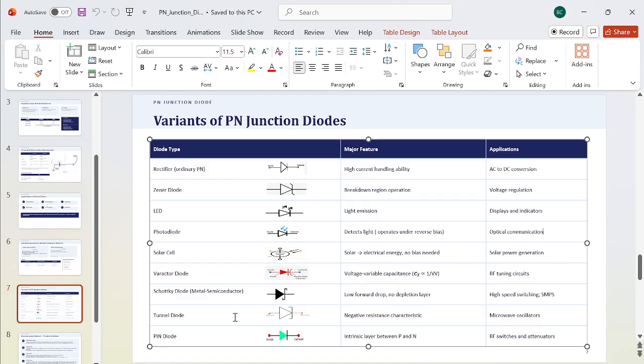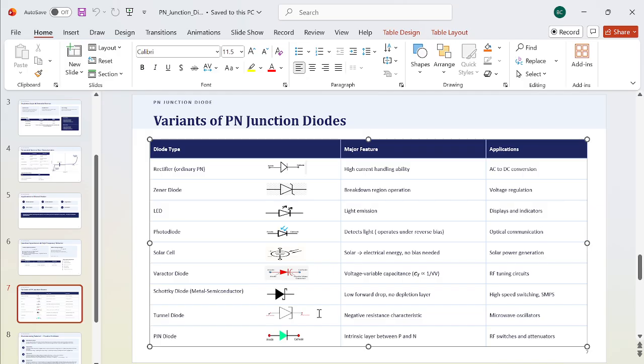Now another useful variant of the PN junction diode is the tunnel diode. This tunnel diode is based upon the tunneling of electrons from one side to the other side of the junction, when the depletion region width is small and the electric field at the junction is high.